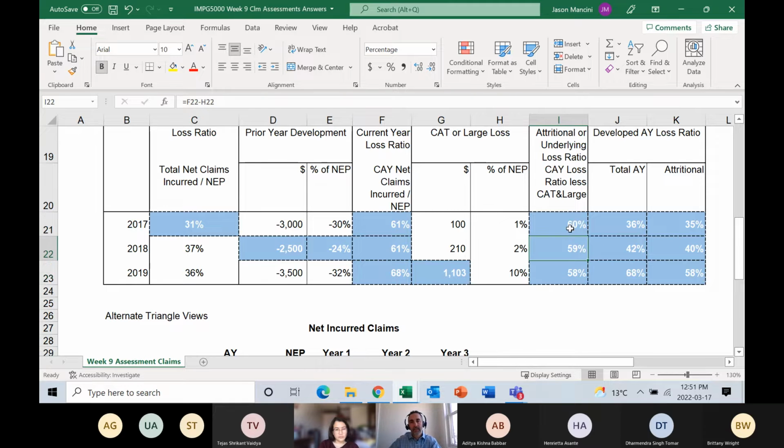Of course, there's still some risk in premium you're writing now to CAT and large losses, but the idea of pulling out the large volume is that this type of activity shouldn't happen every year, right? So we do have a CAT risk, but I don't want it to hurt my look at underwriting performance for the current year. I'll look at it as a portfolio over many years. So let's take out the noise of those unusual items and we can analyze this attritional or underlying loss ratio. Okay.